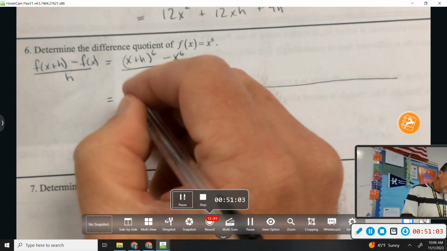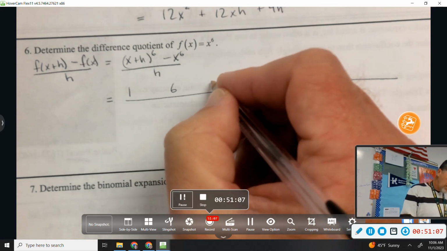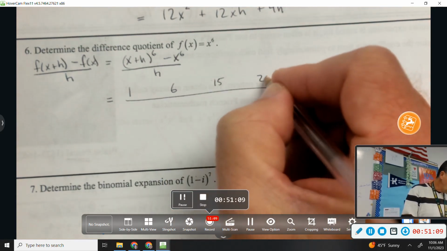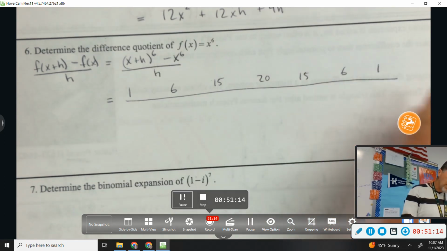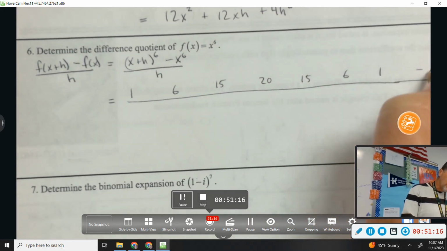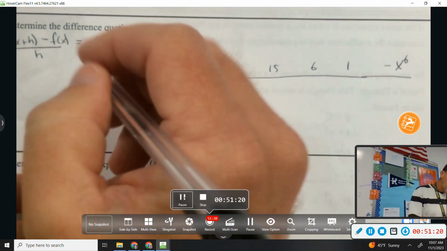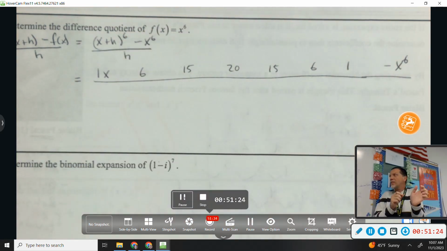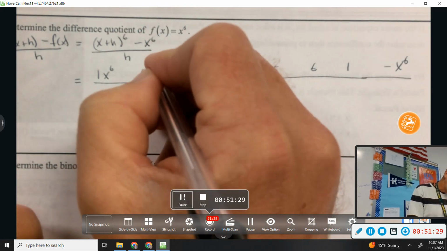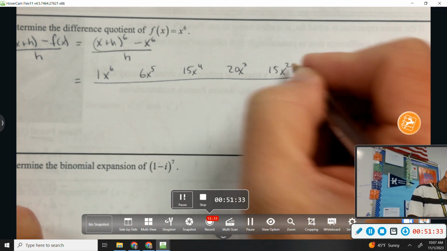1, 6, 15, 20, 15, 6, 1. And then don't forget there'll be a minus x to the 6 at the end. And again, you can build it term by term, but I like doing all the x's and then all the h's. x to the 6, x to the 5th, x to the 4th, x cubed, x squared, x, and nothing.